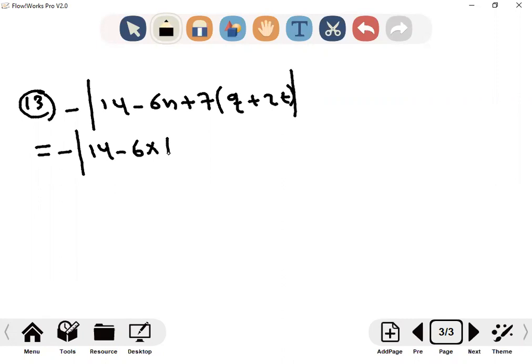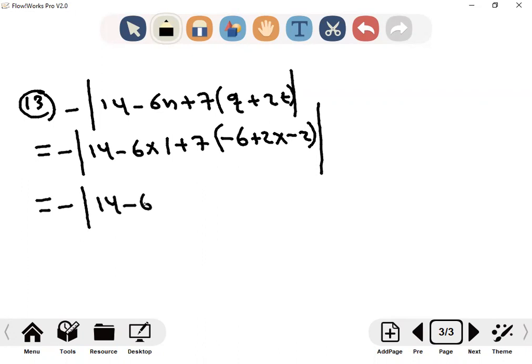Correct like this? Focus with me. Plus 7 with q, negative 6, plus 2 multiplied by t, negative 2. Now work with the parentheses. 14 minus 6 times 1, plus 7 multiplied here by negative 4, right? With negative 6, negative 10.